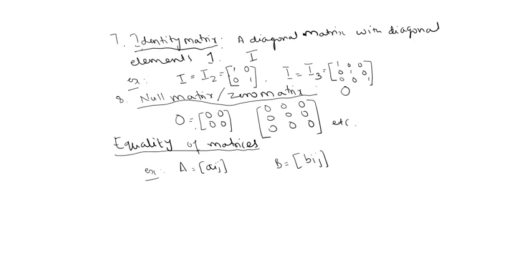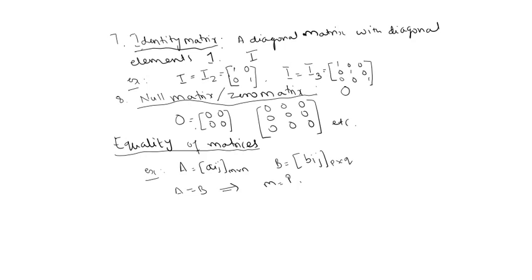So if A is a matrix of order m by n and B is a matrix of order p by q, then A equal to B if and only if m is equal to p and n is equal to q.